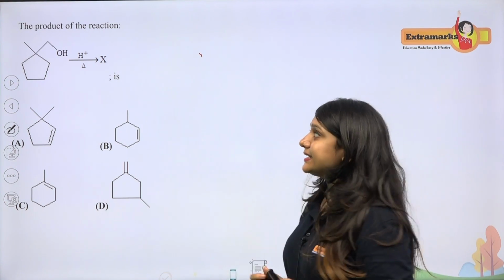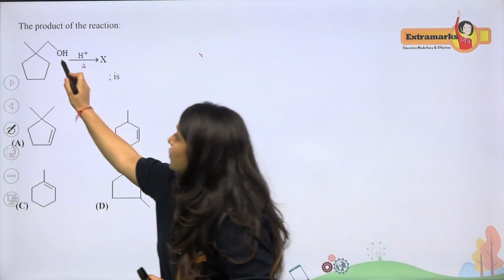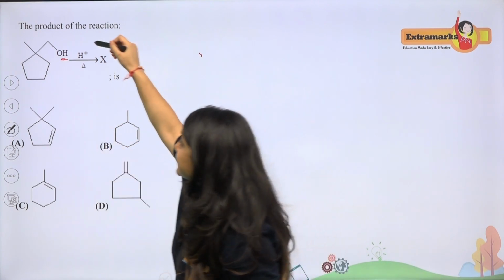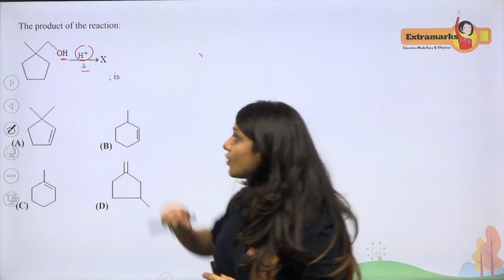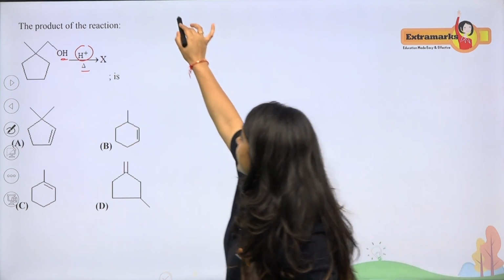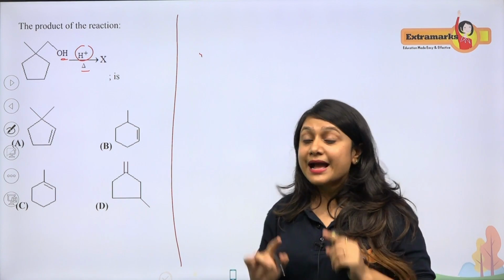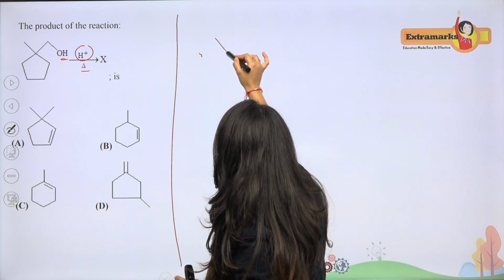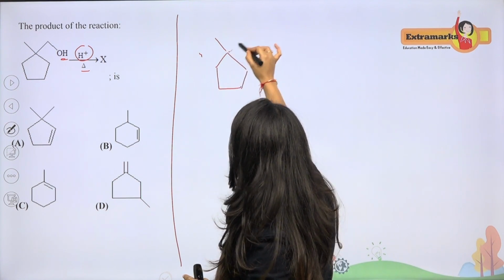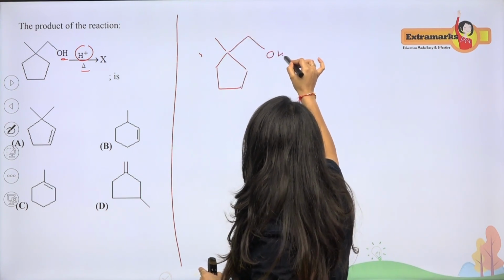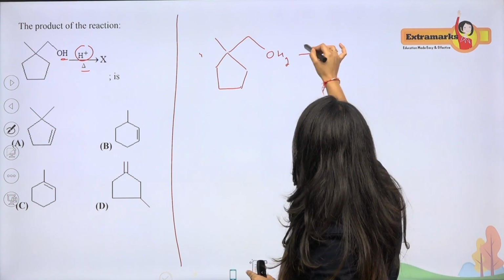So as you can see in this particular question, alcohol is given and there is an acidic medium. Along with that, heating is given. So what does it mean? Whenever there is alcohol in acidic medium, it will react like this. Please focus everybody here.